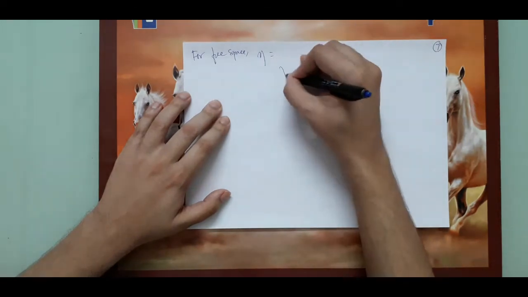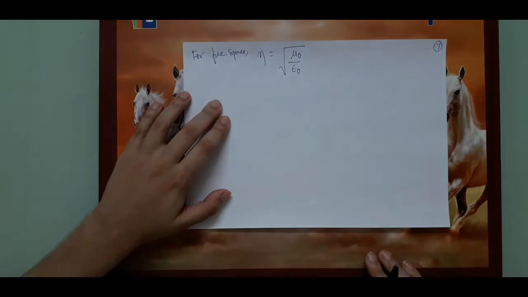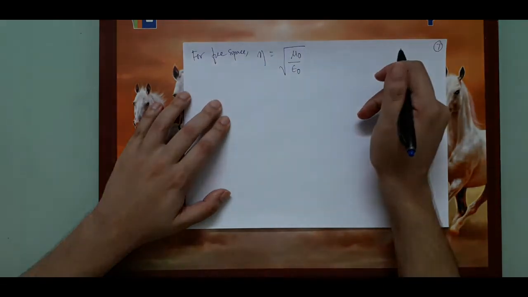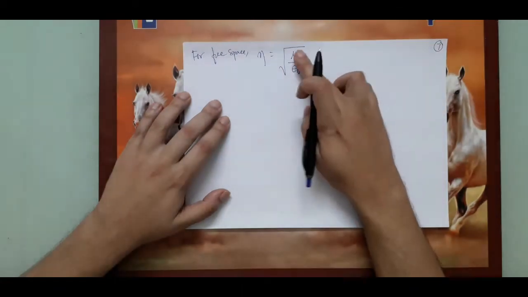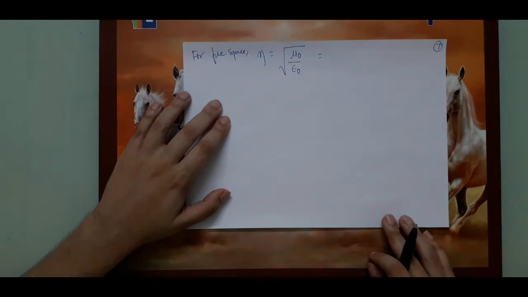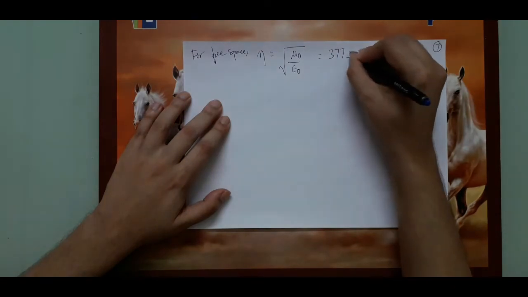So eta will be nothing but under root mu 0 divided by epsilon 0. So now if you substitute the values you know for mu 0 and epsilon 0, you will see that the intrinsic impedance of free space, you can find this out yourself, is roughly about 377 ohms.